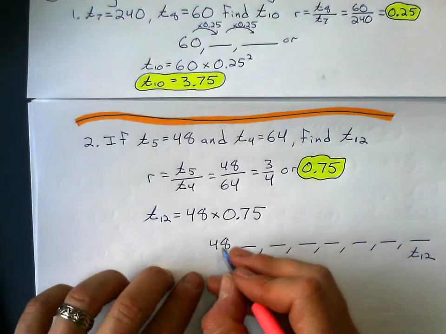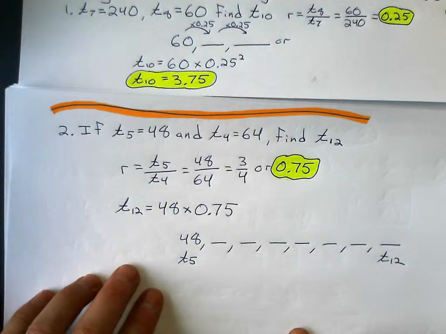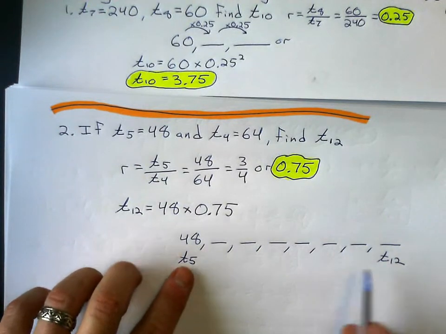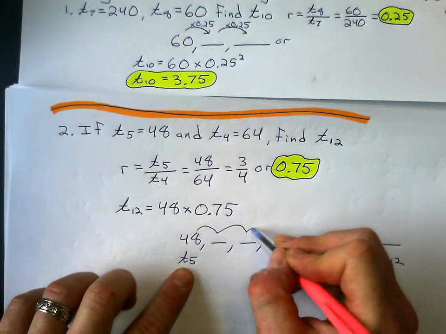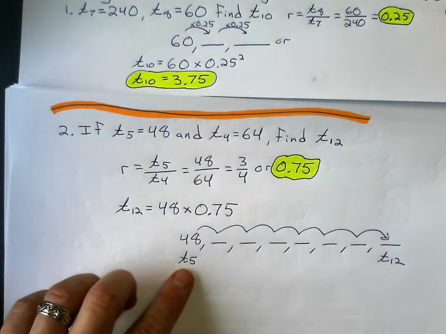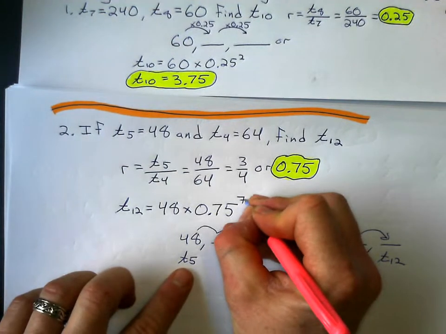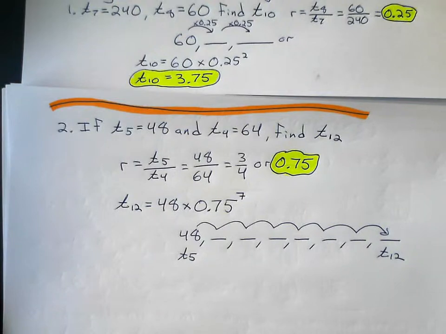There's that 12th term right there, and here is the 5th term. So how many steps is that going to take? We can count, or we can subtract. It's going to take 1, 2, 3, 4, 5, 6, 7 steps to get to that 12th term, which is why that is raised to the 7th power.